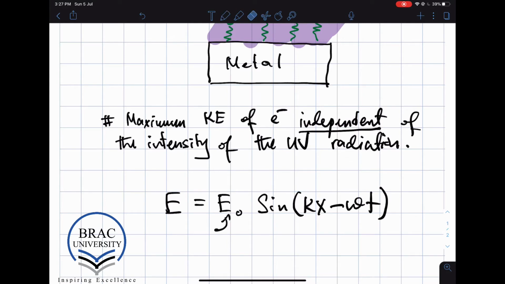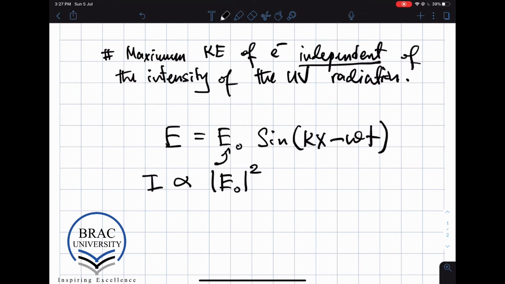The intensity of this wave is supposed to be proportional to the modulus squared of the amplitude. So we expect the energy imparted to the electrons to increase as we increase the intensity. But that is not what is observed.